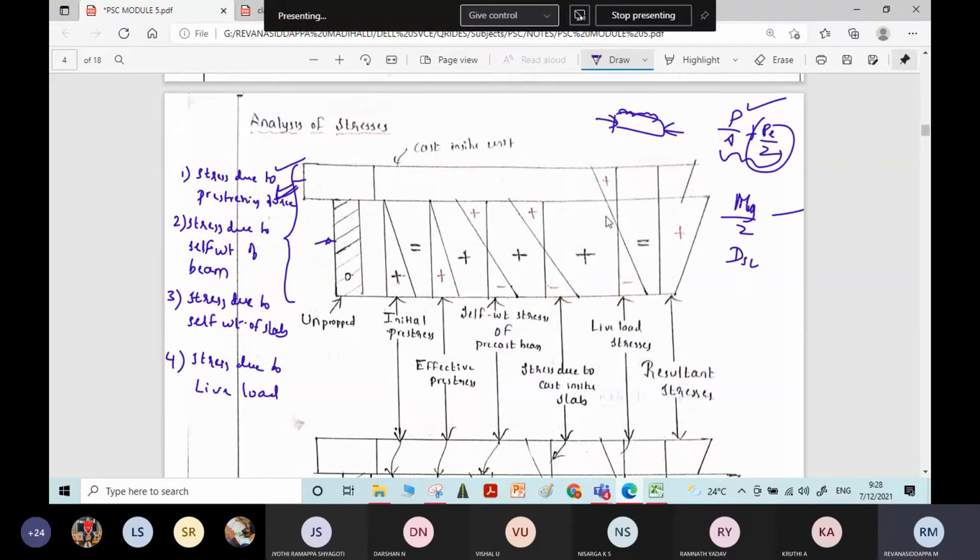Knowing that you can find moment due to slab load. Moment due to slab load divided by section modulus will give stress due to the self weight of the slab. Then stress due to the live load: live load moment MQ divided by section modulus will give stress. Combining all of these you will get the resultant stress.